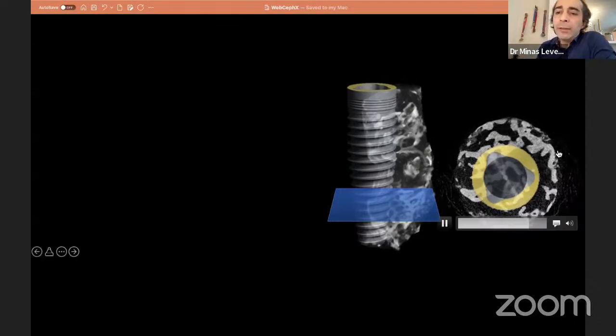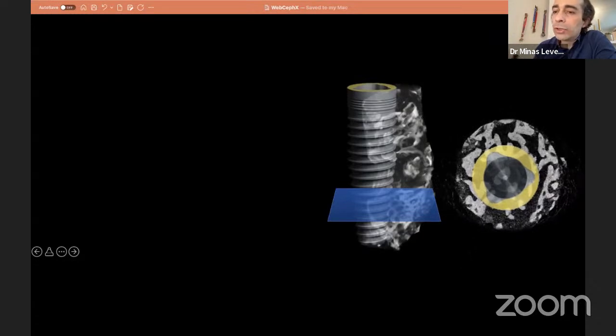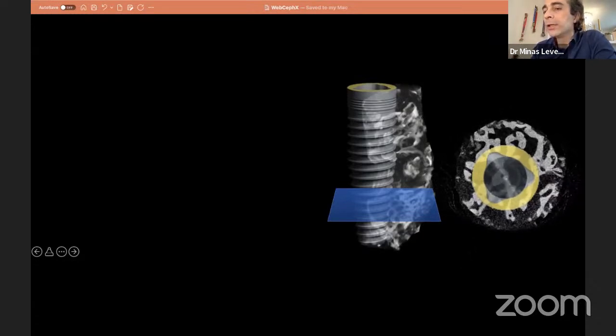So we see that the new tissue has all the radiological appearance and characteristics of high quality normal trabecular bone. This is where ideally I want to place my implant.